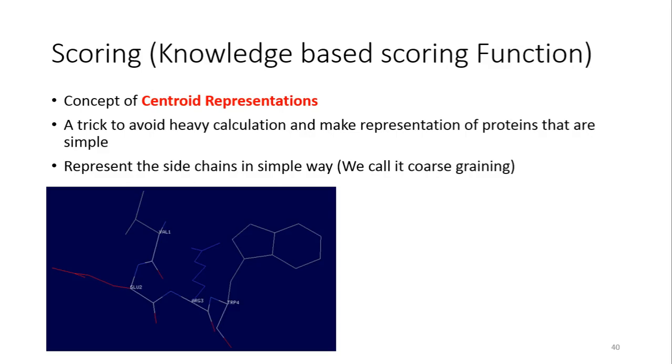Now let us talk about this centroid representation first. Why do we need it? In general terms, you can call it an approach for coarse graining. In the molecular modeling area, when we combine a bunch of atoms together and represent them in a unified fashion, we say that we have performed coarse graining.